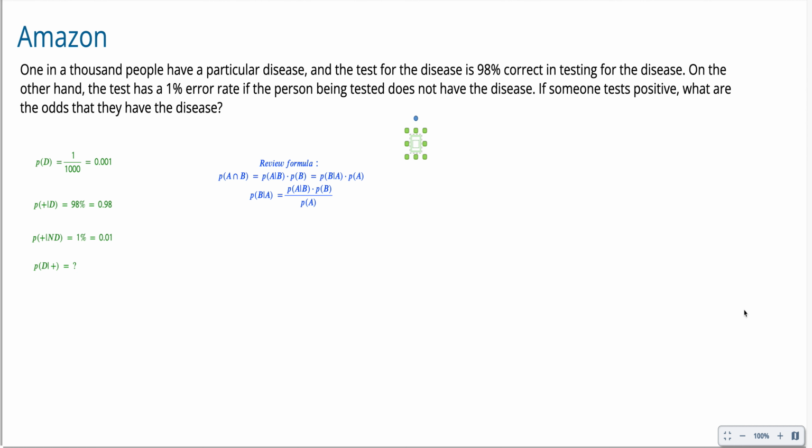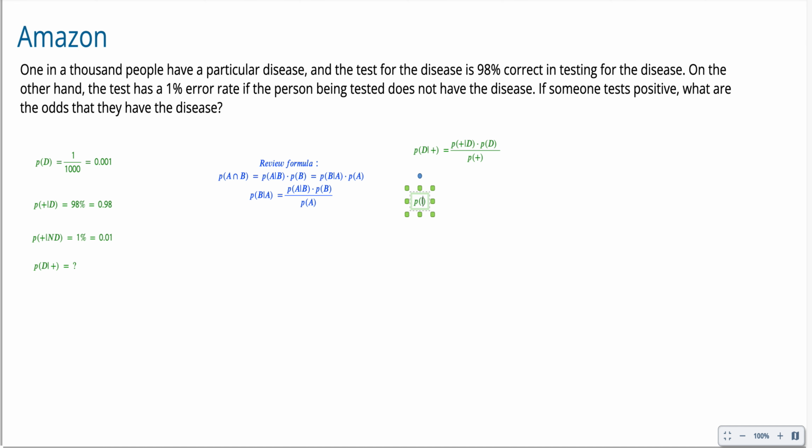Coming back to this question, we're going to compute the probability of disease given the test is positive. If you plug into that formula, it would be the probability of a positive test given you have the disease, multiplied by the probability of the disease, divided by the probability of a positive test.